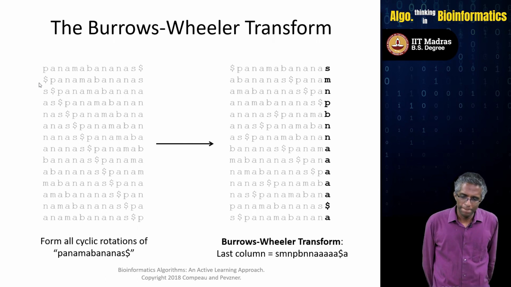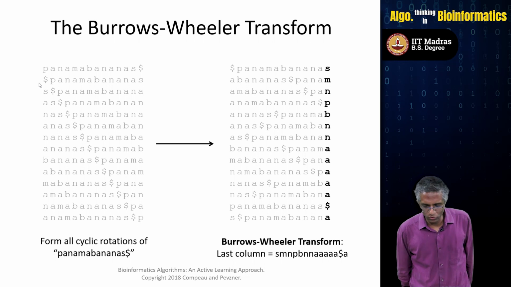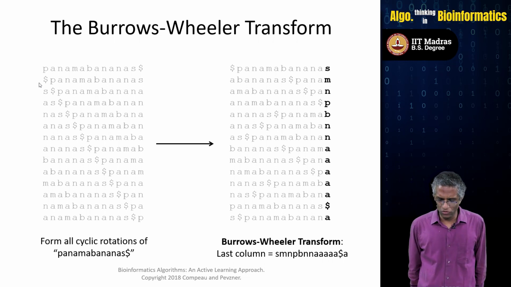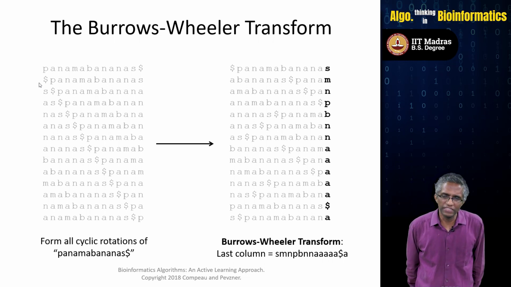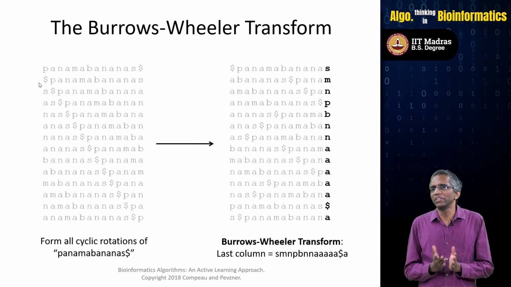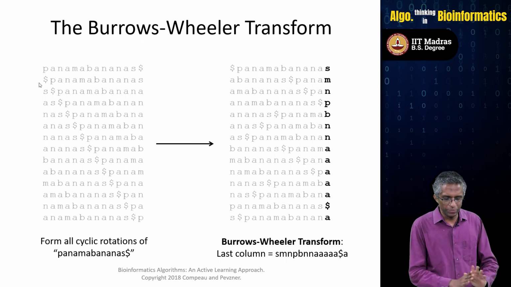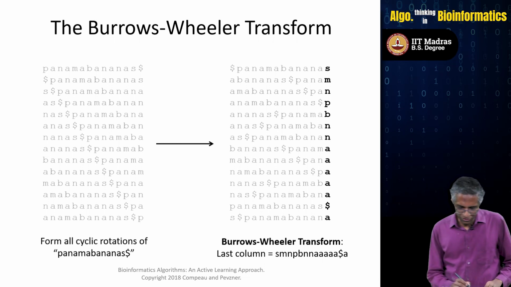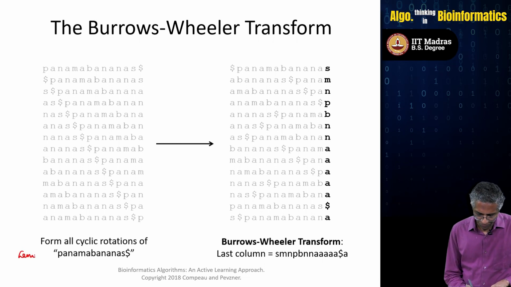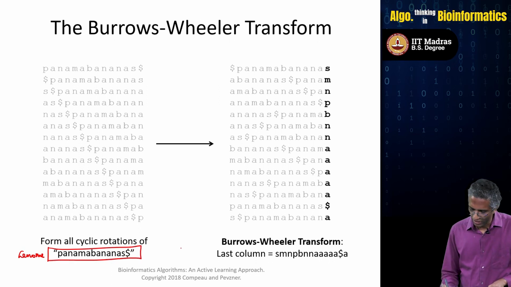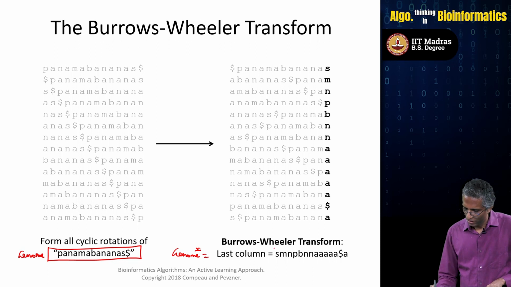Now, the strange thing is that the Burrows-Wheeler transform is going to take the last column of this particular matrix, and that is going to be the Burrows-Wheeler transform of Panama Bananas. Okay, this is your genome, this is your input, and your genome star is going to be this last column here.